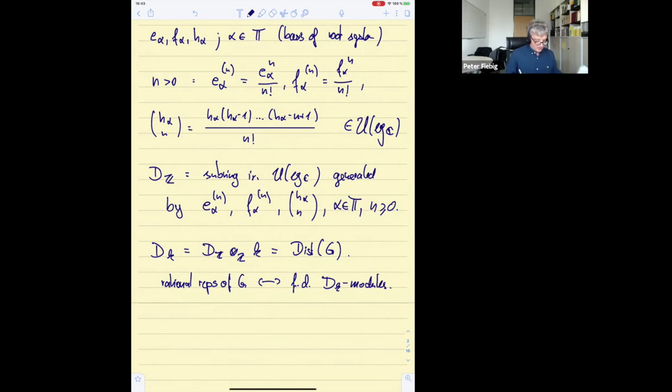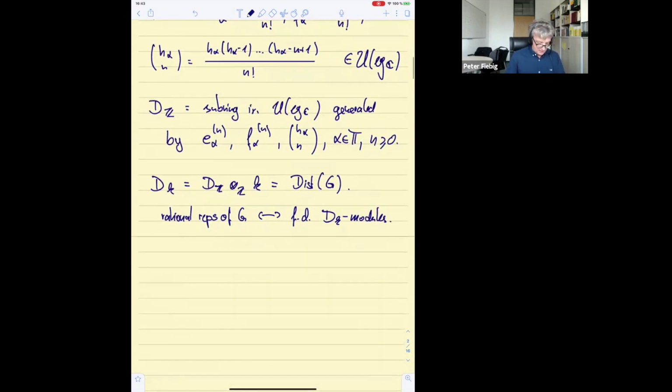Okay, so here in D_K, we consider the lambda, T lambda and the Weyl module V lambda as representations over this algebra D_K.